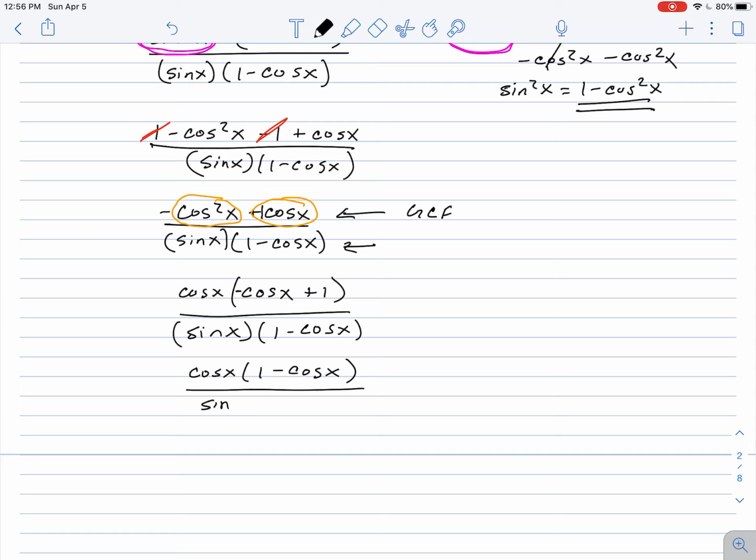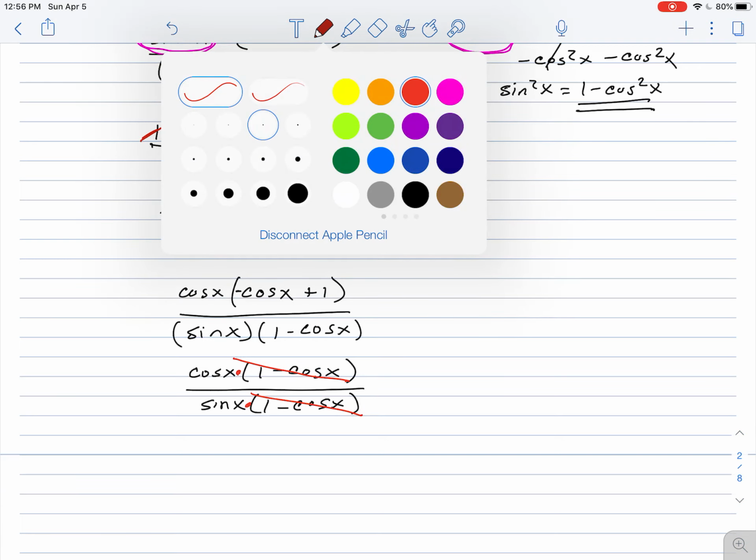And now look at what happens. Oh, okay, now they're both factored. Now you can cancel full factors. So I see things that match. This is exactly the same as this. And because this is multiplication, because they're factored, that's legal. And I'm just left with cosine over sine.